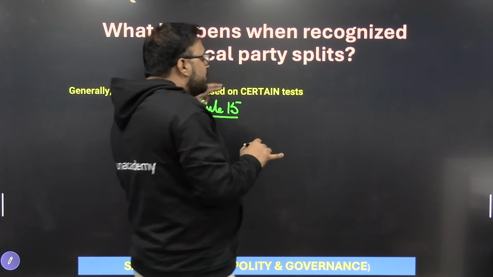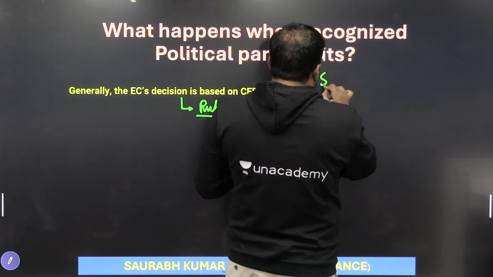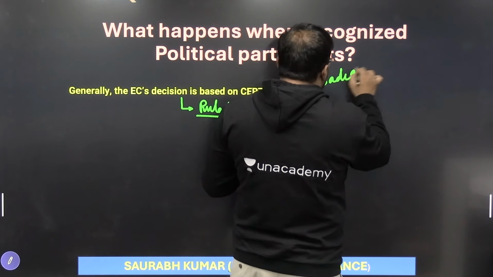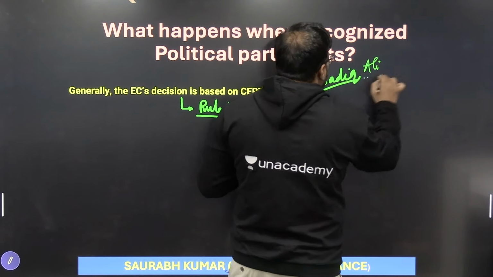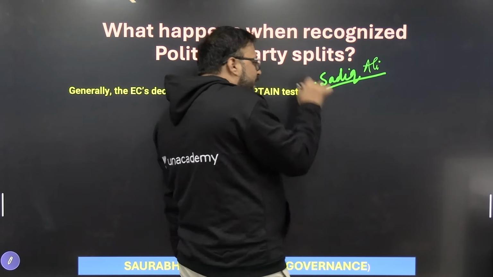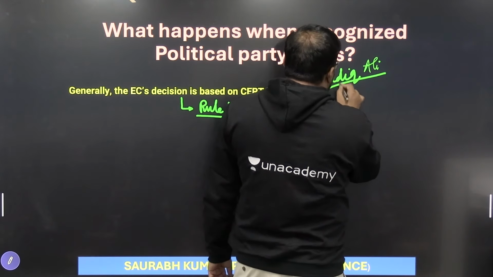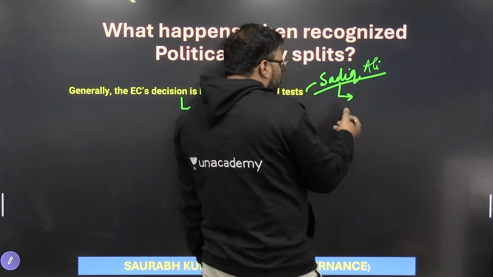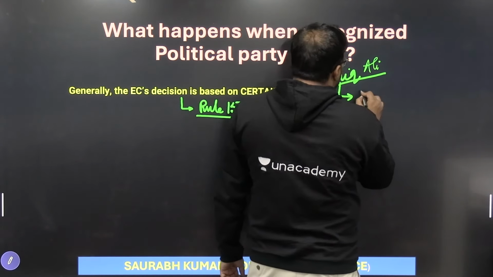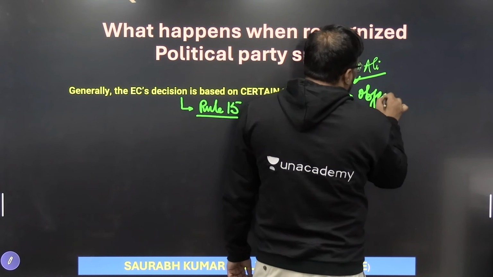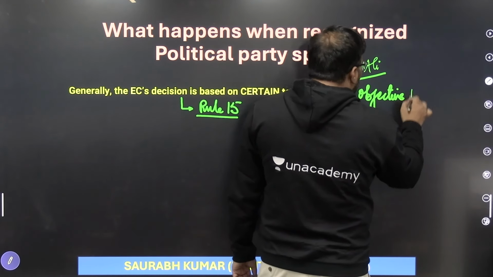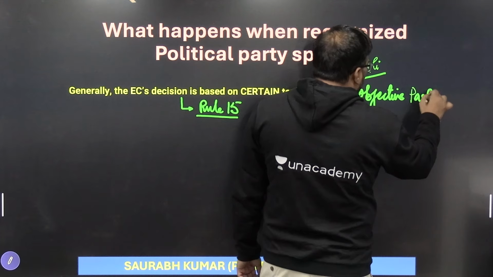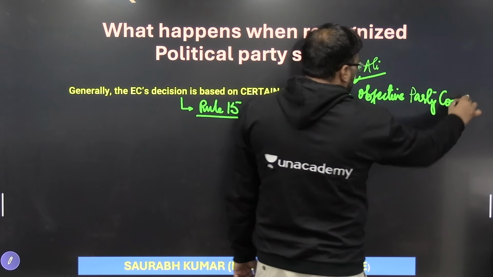There are certain tests that have been upheld by the Supreme Court also in the Sadiq Ali case. In this case, it has been said that the Election Commission of India will look into 3 things. The first one is, what is the objective of the party constitution? Every party has a constitution.